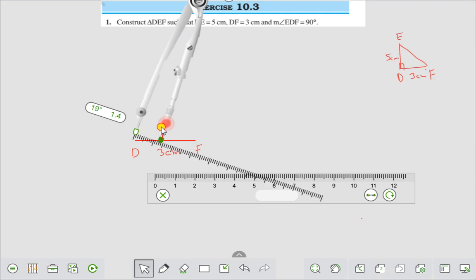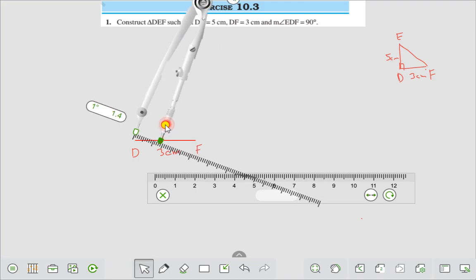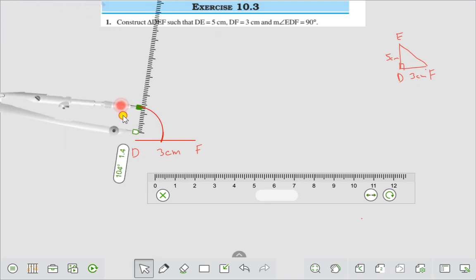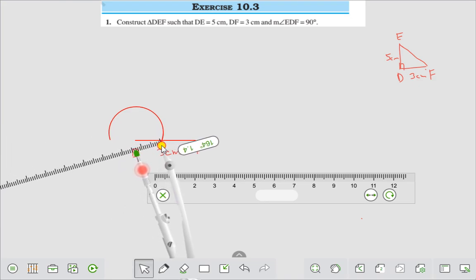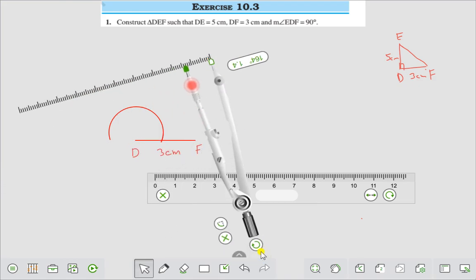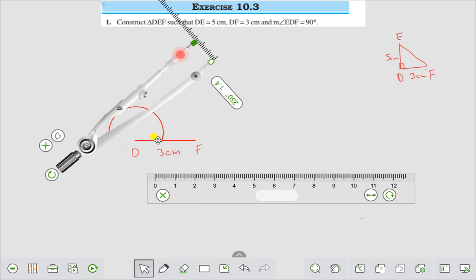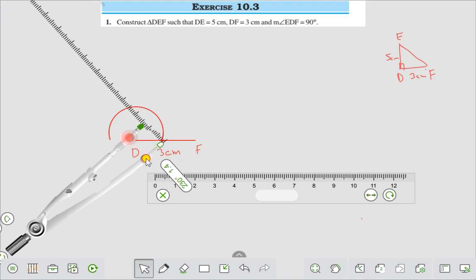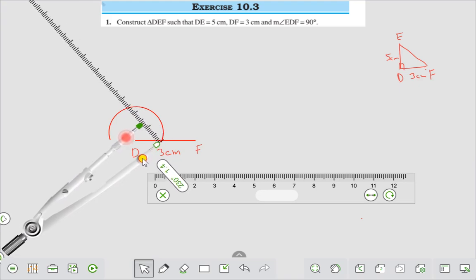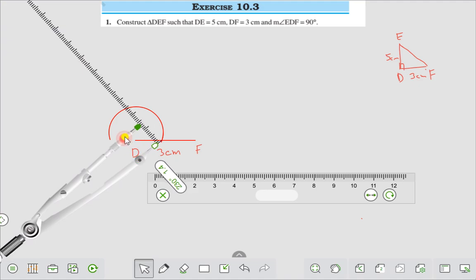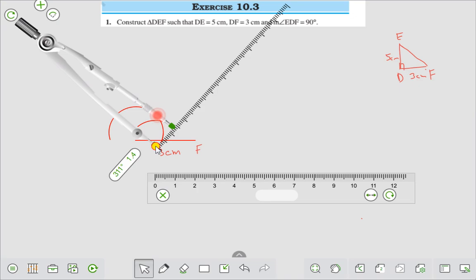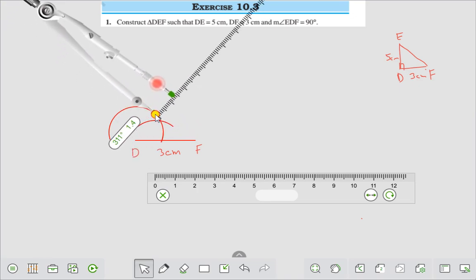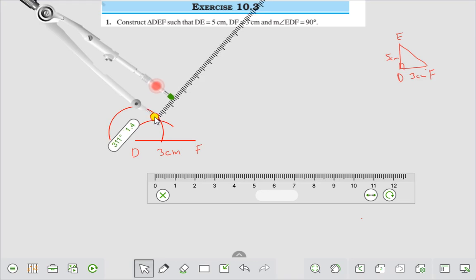Then, at this point, draw one arc, and from this point take another arc.